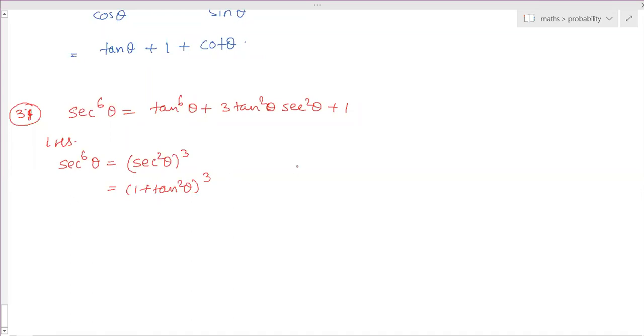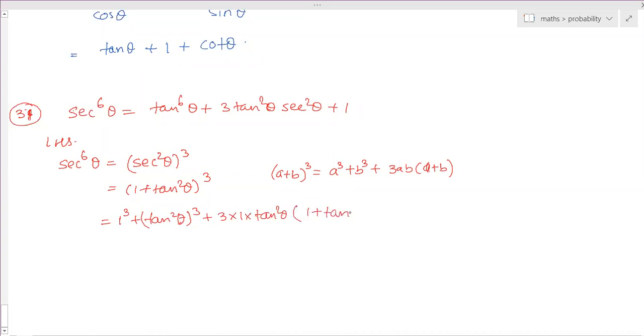Then use the formula of a plus b whole cube. A plus b whole cube is equal to a cube plus b cube plus 3ab into a plus b. So use this: a cube, that is 1 cube, plus tan square theta whole cube, plus 3 into 1 into tan square theta into 1 plus tan square theta.